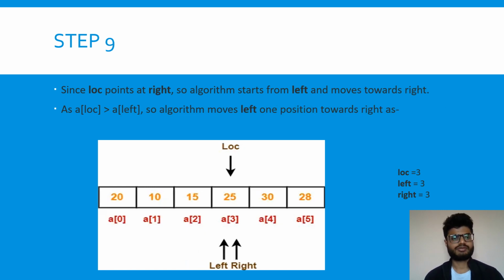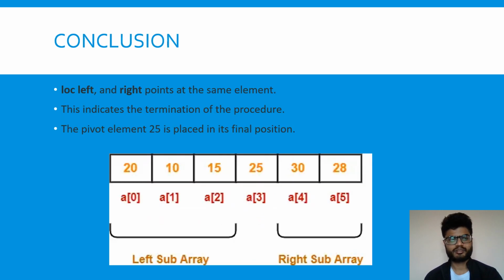Now again, when we compare, A of location is greater than A of left, so left will move one position to the right, and here left and right came at the same index. Now further we cannot go forward, as we can see on the next slide. Since location, left and right point to the same element, this indicates the termination position.